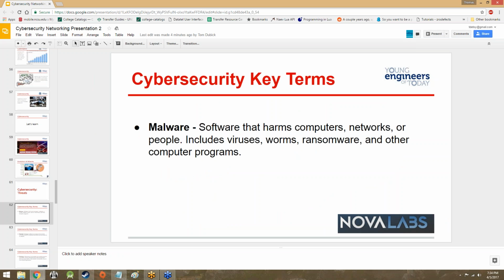so key terms for cybersecurity: malware. Malware is software that harms computers, networks, or people. It includes viruses and worms and ransomware and other computer programs. Their whole purpose is to be malicious, hence malware.